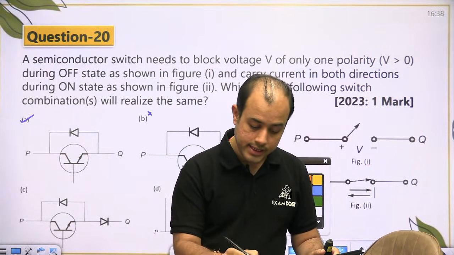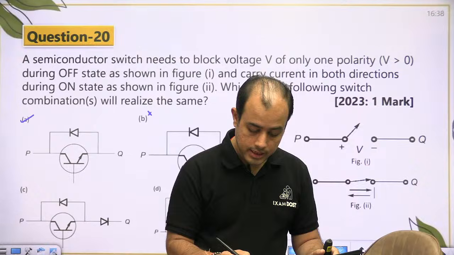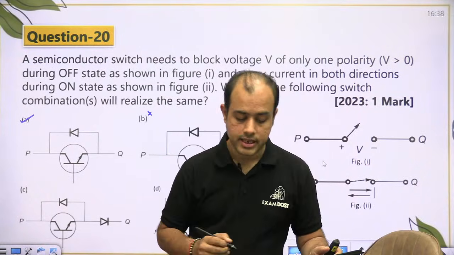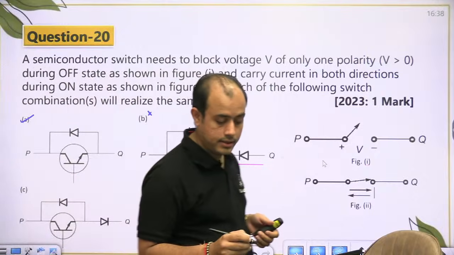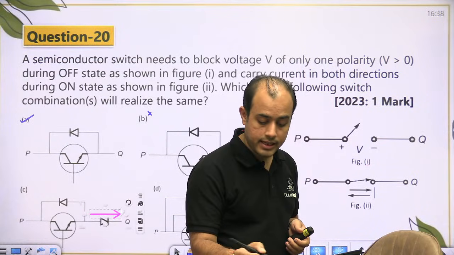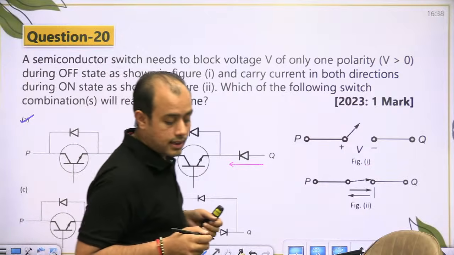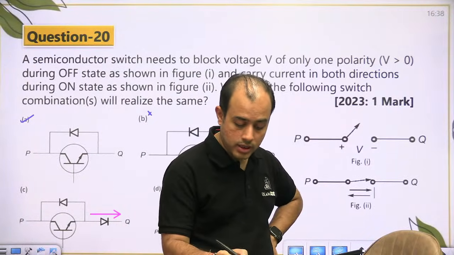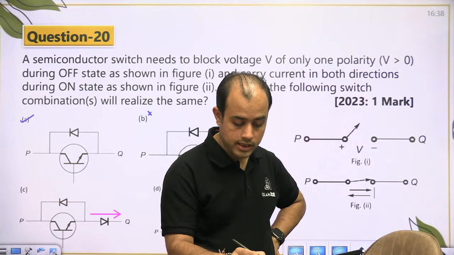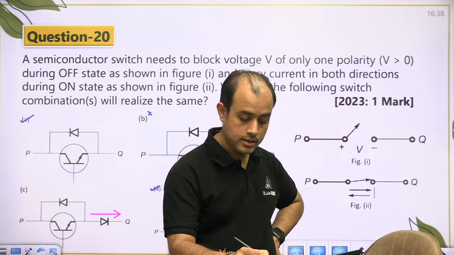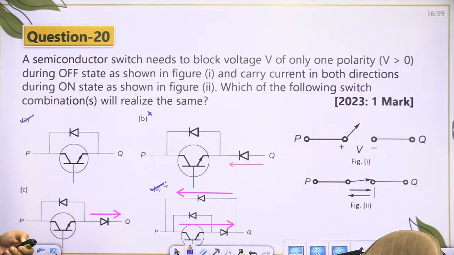Because diode will say that current can only flow in one direction. करेक्ट. It cannot flow to the right. Now here this diode will say current can only go to the right, so it is also wrong. Here IGBT and diode will conduct to the right, but this diode, sorry, BJT and diode, this will conduct in the opposite direction. So D. So answer will be A and D.